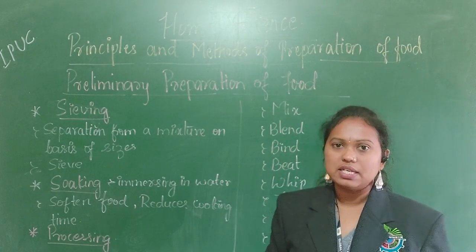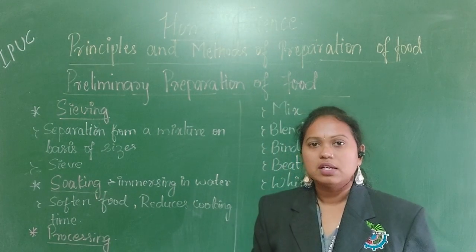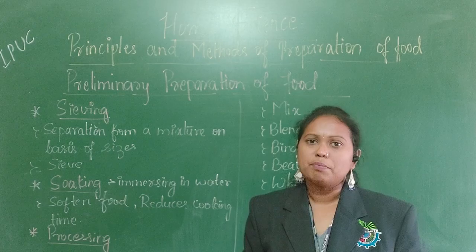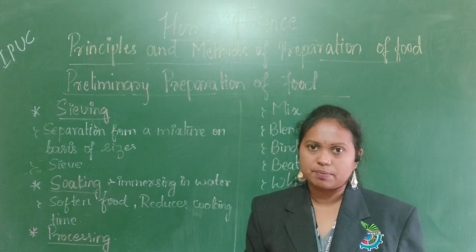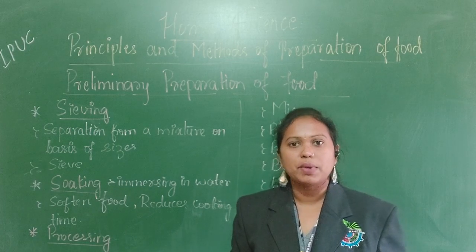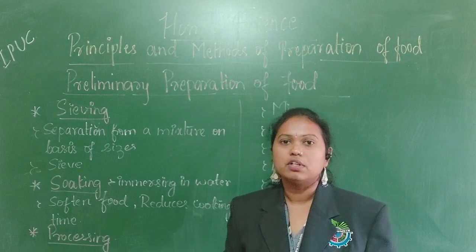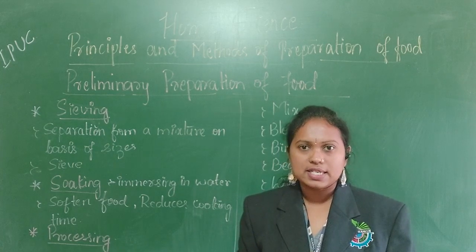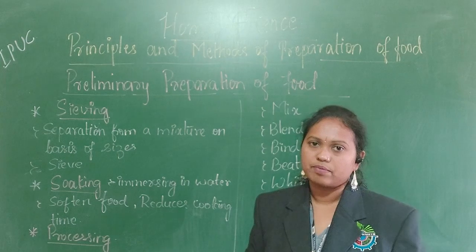Sieving is done by using a sieve, which has many small mesh or perforated openings used to separate fine particles. Coarse fiber, worms, stones, etc. can be removed by this sieving method.